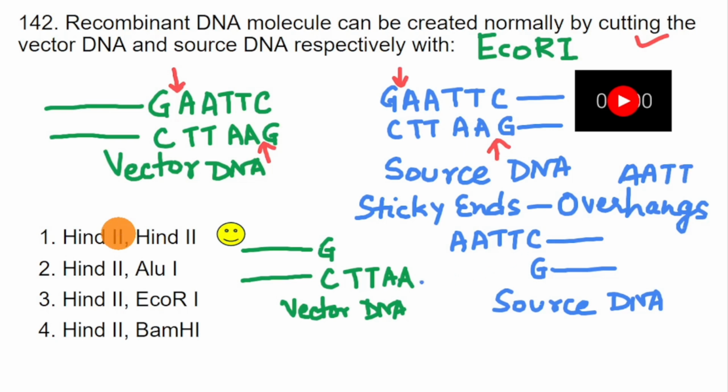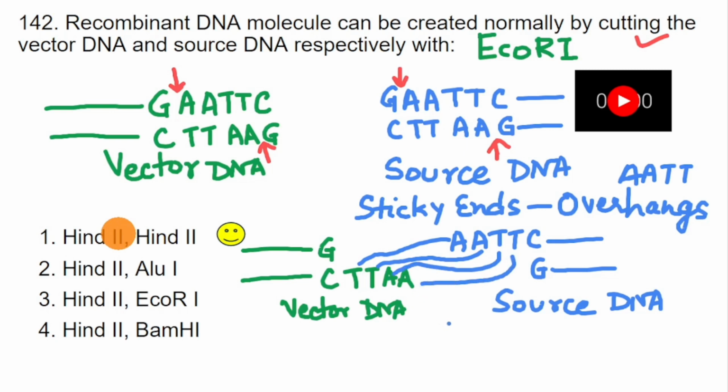Okay, so AATT, they will naturally complement with this area and they are going to hydrogen bond. So base pairing will occur between A and T, this one. Okay, then this is going to pair with the second T. Now this T will pair with the adenine and the last T is going to pair with this adenine.